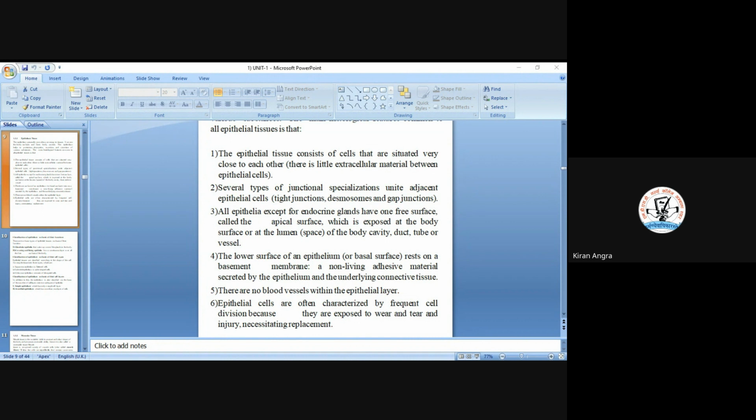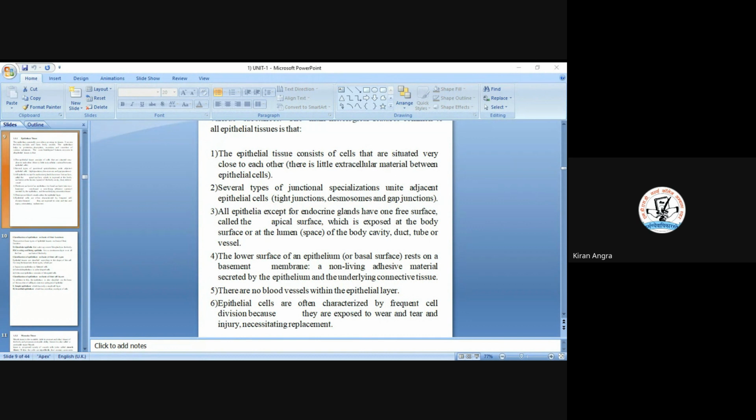The classification of epithelium is on the basis of cell types. Epithelial tissues are classified according to the shape of the cell into three types: squamous, cuboidal, and columnar epithelium. Earlier I told you about glandular and covering and lining epithelium, which depends upon their function.